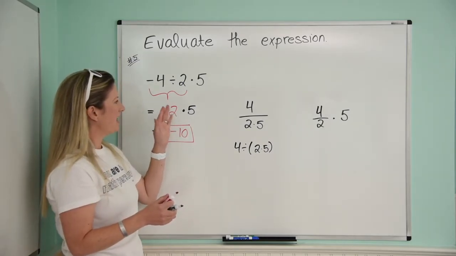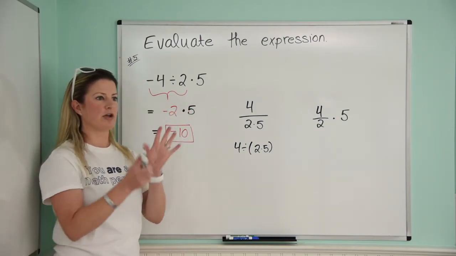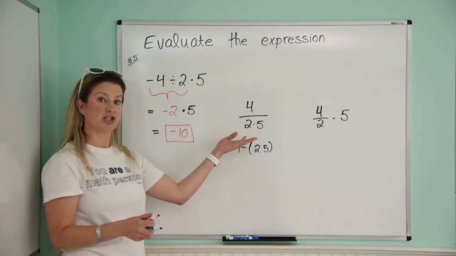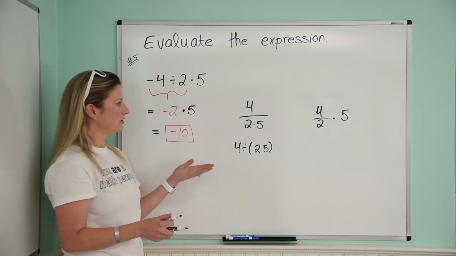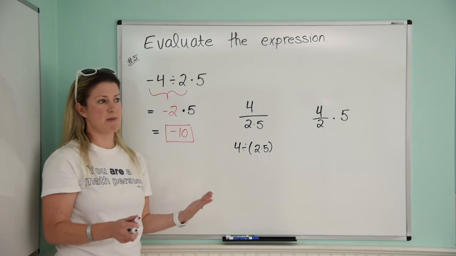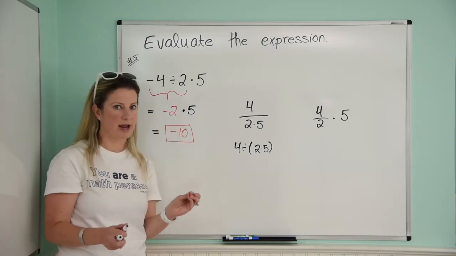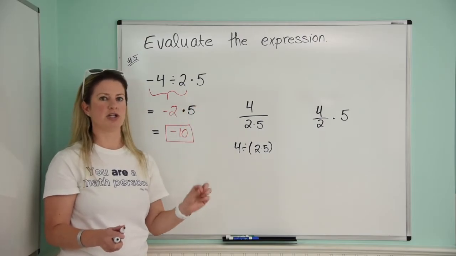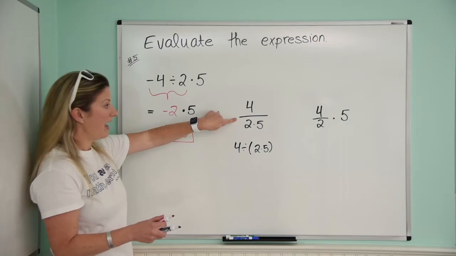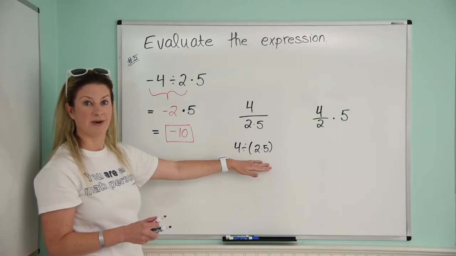It's kind of, I don't want to say outdated, but in a way, now that our calculators can do more things, and now that we can express things in a different fashion, digitally, if you will, it is a little bit outdated. But you have to keep it in mind, because if you have an older calculator, you have to understand that it is programmed to follow the order of operations to a T. So if you mean this and not this, you're going to have to type it in your calculator that way, okay?